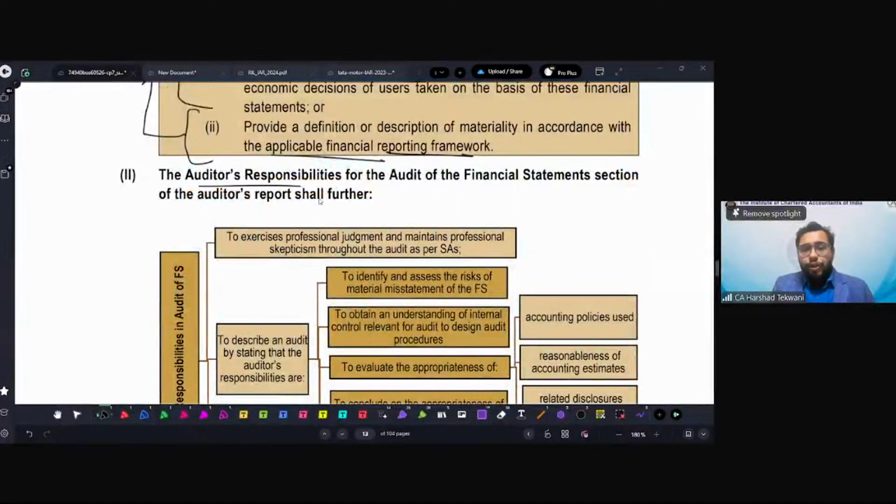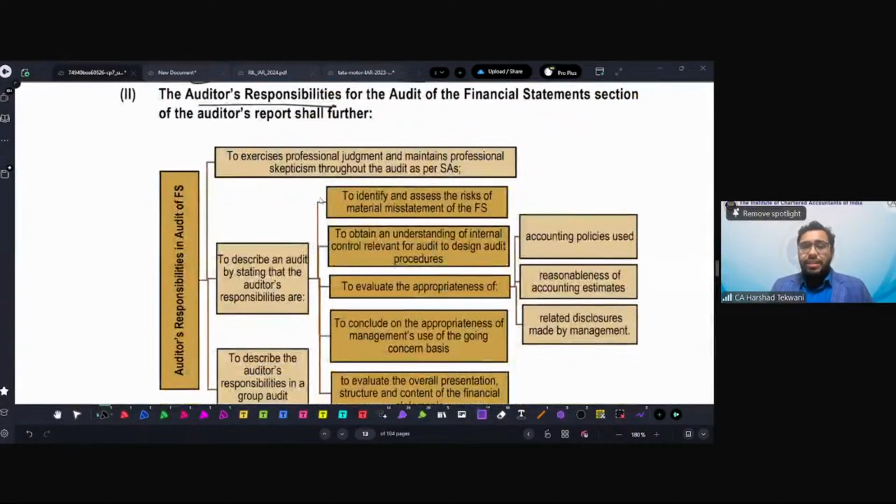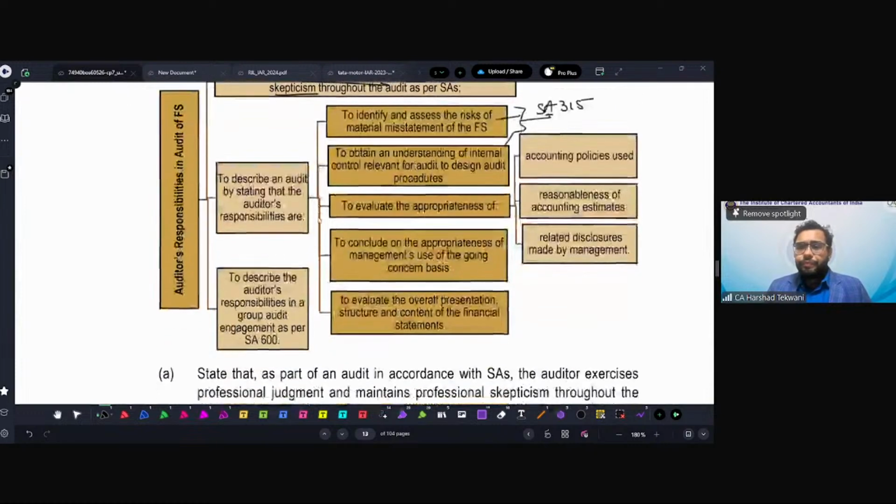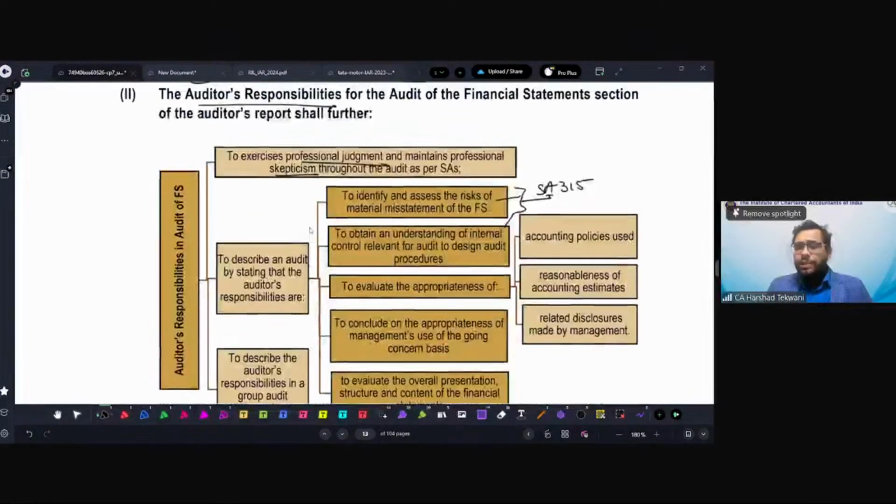Then auditor's responsibility, basically, which is professional judgment, skepticism. SA 315. Internal audit, again, SA 315. Then accounting policies used, again, something relevant to 510 and 315. Reasonableness of estimates, 540.